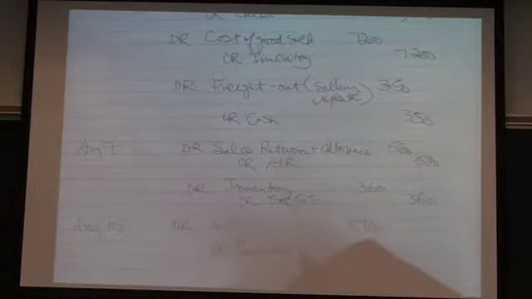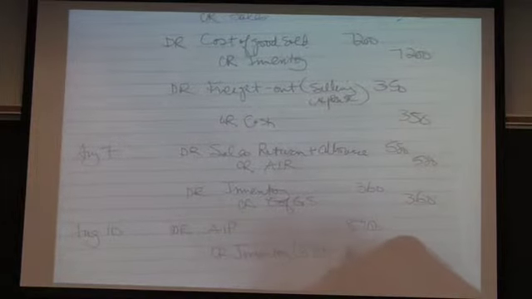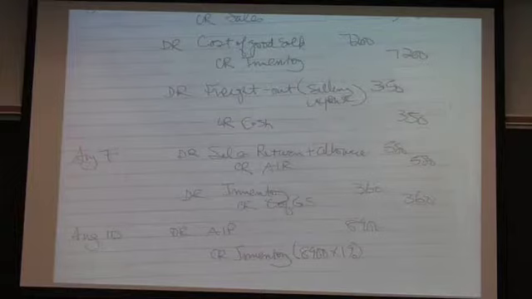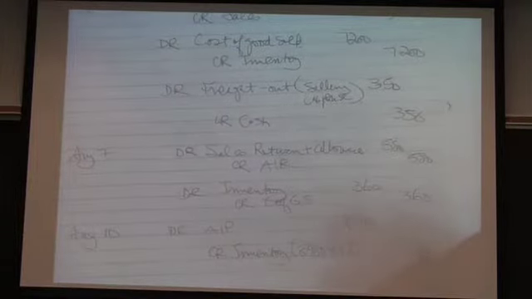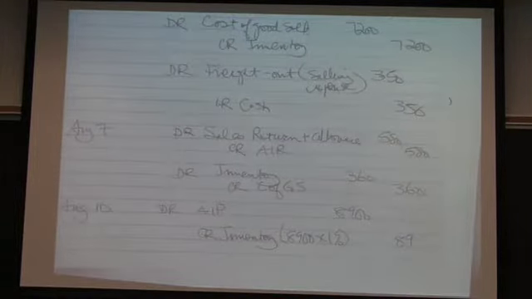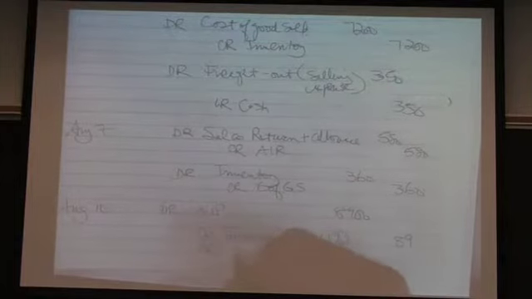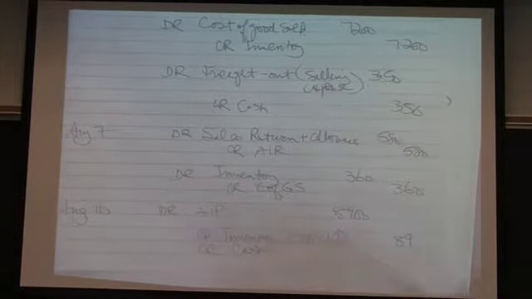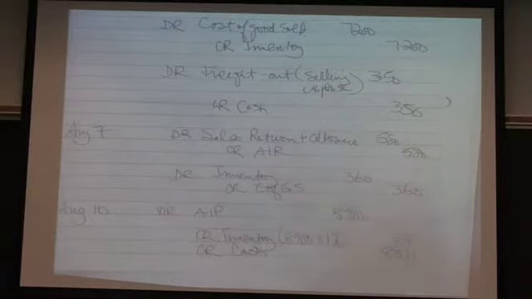And that inventory is going to be $8,900 times 1% discount, which is $89. And then we're going to credit cash for the difference, which is $8,811.